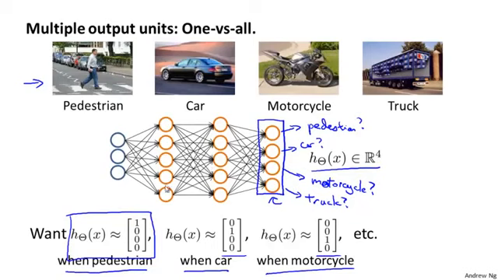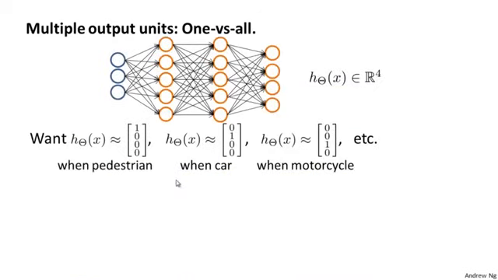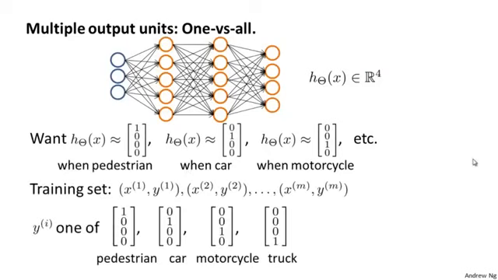So rearranging the slide a bit, here's our neural network with 4 output units, and those are what we want h of x to be when we have the different images. And the way we're going to represent the training set in these settings is as follows.